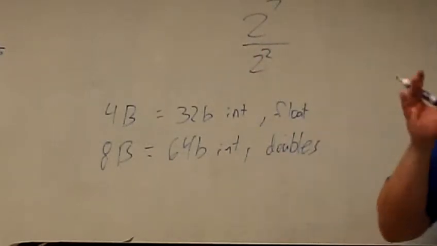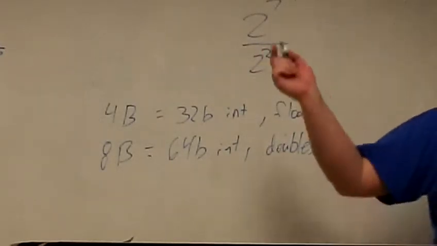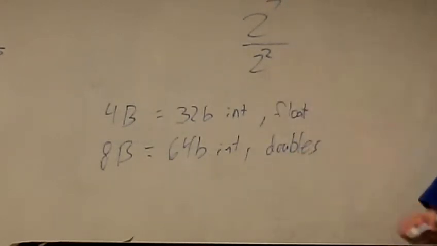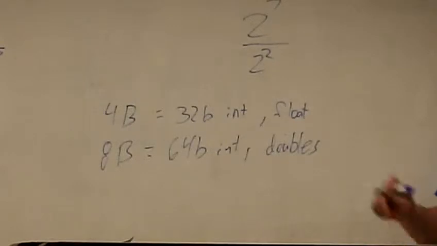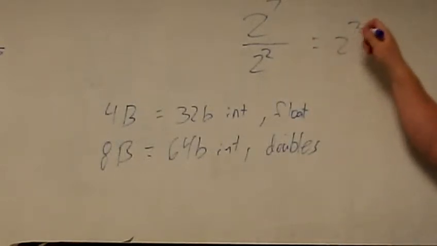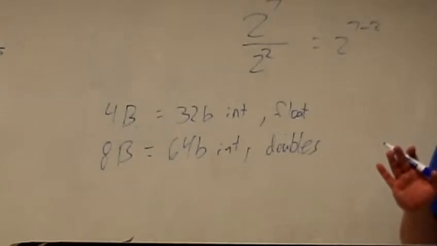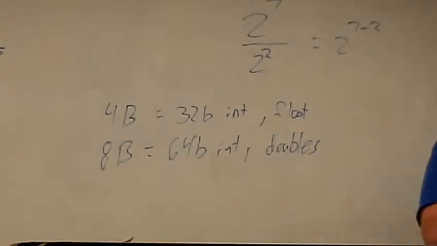I know everybody goes, oh my God, exponents, that's ugly. But it's not, because I would never actually write this out. To divide exponents, I just subtract the numbers. This equals 2 to the 7th minus 2, which is 2 to the 5th. 2 to the 5th is one of those numbers that, as a computer person, you should just memorize. There's not a lot of things I say you should just memorize, but this is one of them. 2 to the 5th is 32.